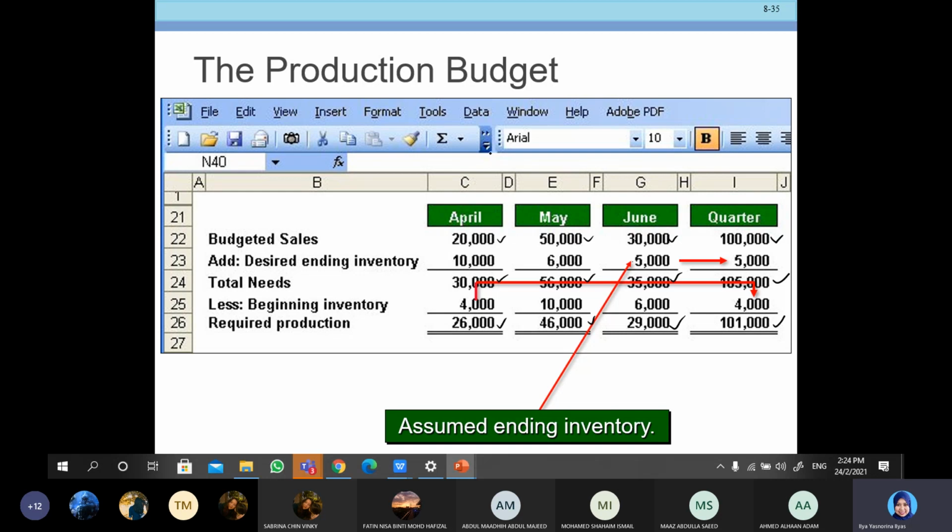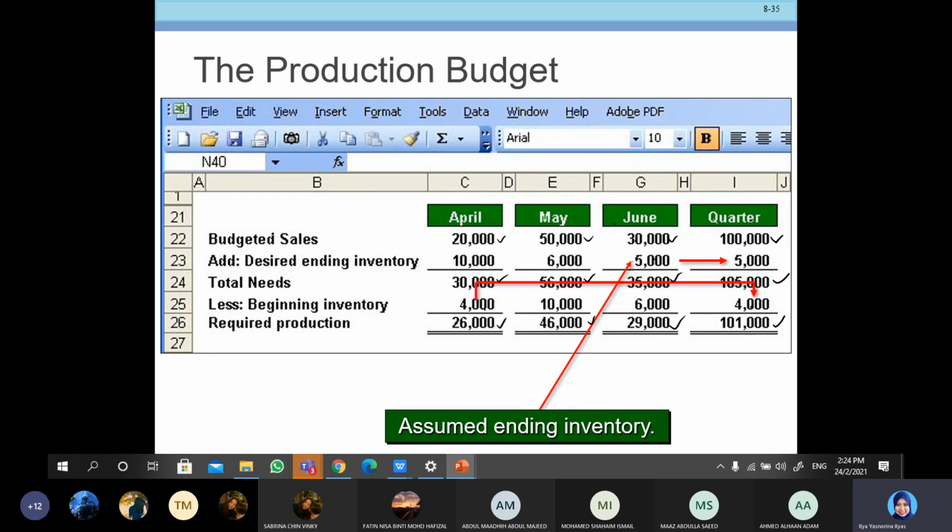Okay, so April, May, June, then the quarter. The quarter will be just total up these three. Ending inventory, take the last one. Beginning inventory, take the first one. Okay, now we go back to the format.